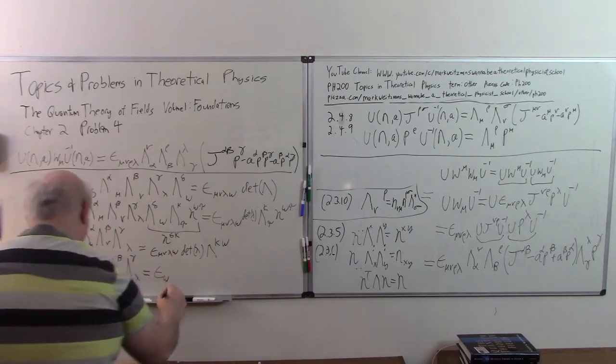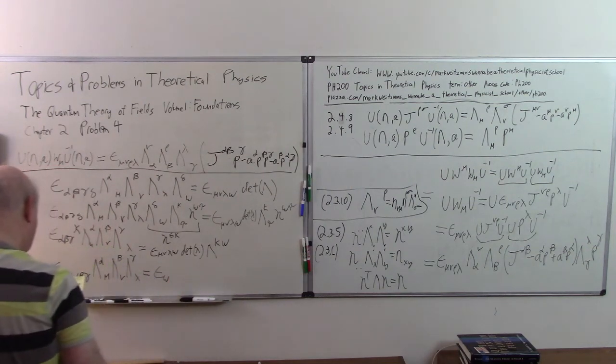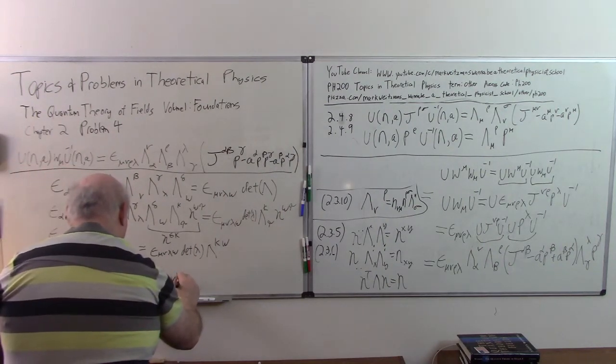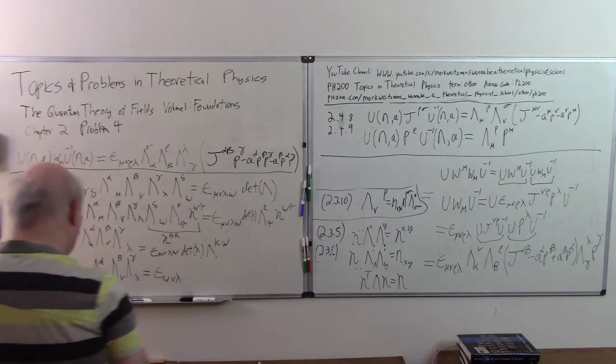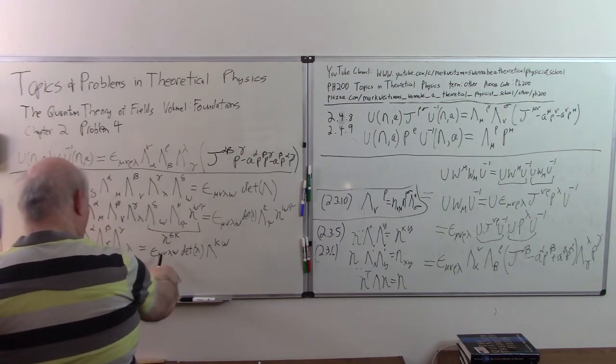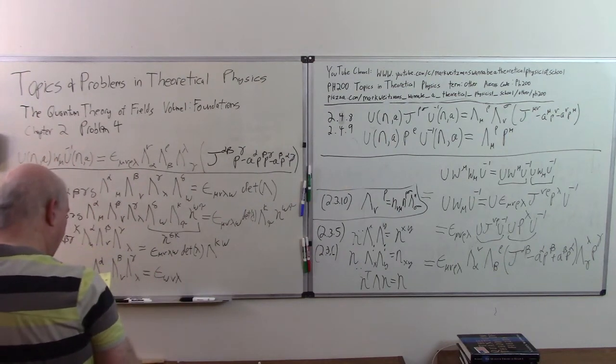epsilon omega nu lambda. Well, what I want to do is switch mu with lambda.